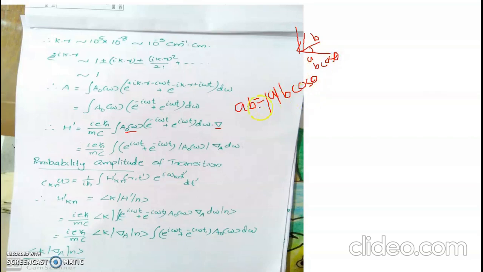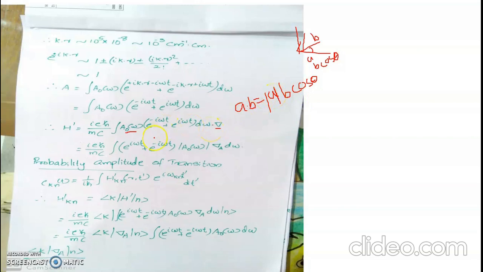And A dot B is in fact modulus A into modulus B into cosine of the angle between them. So we can look into this in the sense that B into cos theta is in fact the component of B along the direction of A.